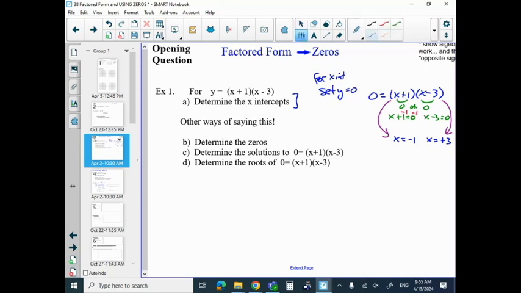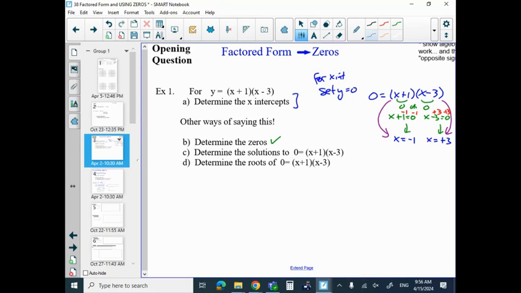So take away 1, take away 1. In this case, we add 3, right? So we would have, of course, the answer in the end that x is -1 and x is 3.